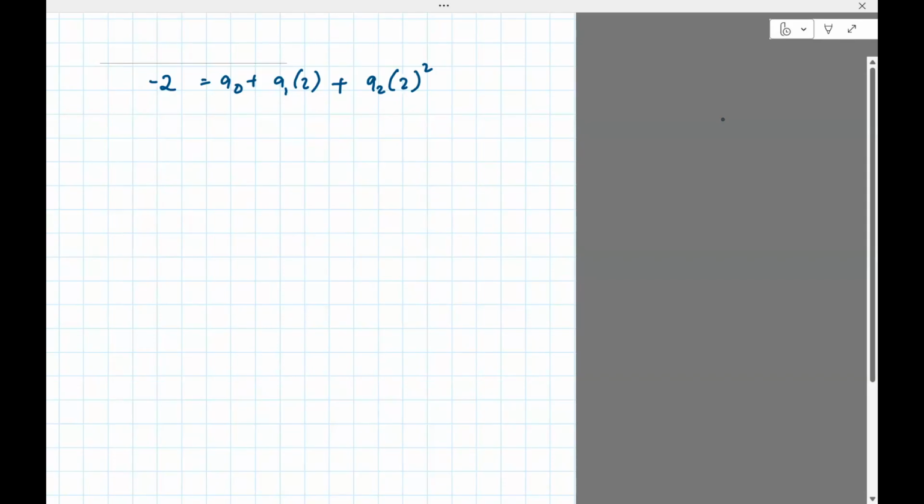Okay, so that gives me minus 2. A0 we figured out was already 2. So 2 times a1 plus 4 times a2. So we can write, twice a1 plus 4 times a2 equals, we move this 2 to the other side, we have minus 4. I can do a little bit more simplification. I can divide this whole expression by 2 to get a1 plus 2a2 equals minus 2.